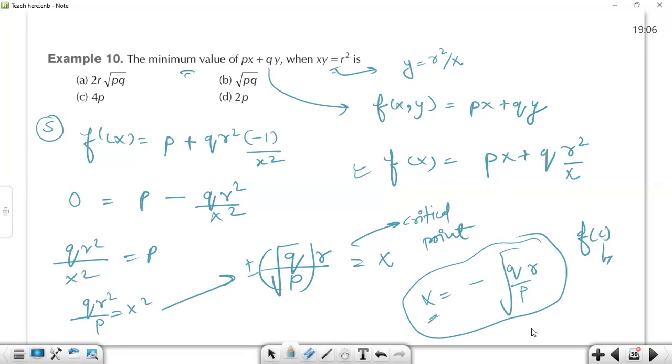So p of x plus q into r squared by x, and again x is minus the square root of q. Sorry, let's do it on the next page.